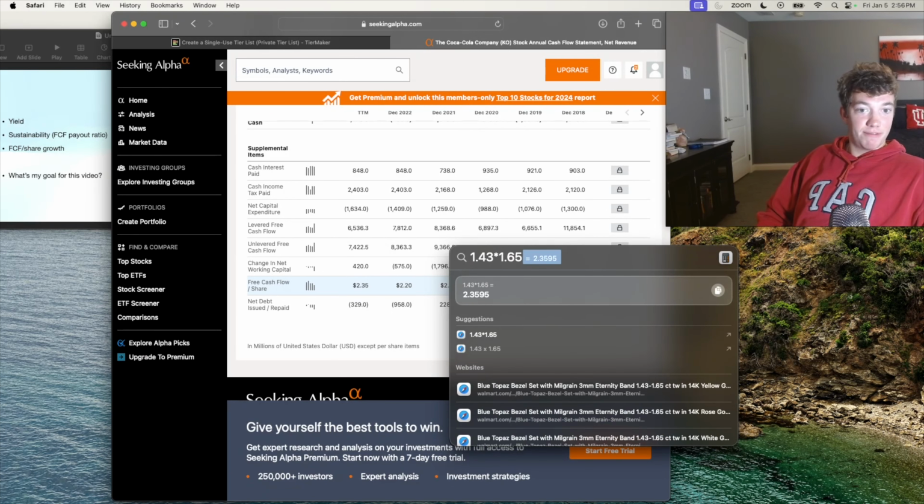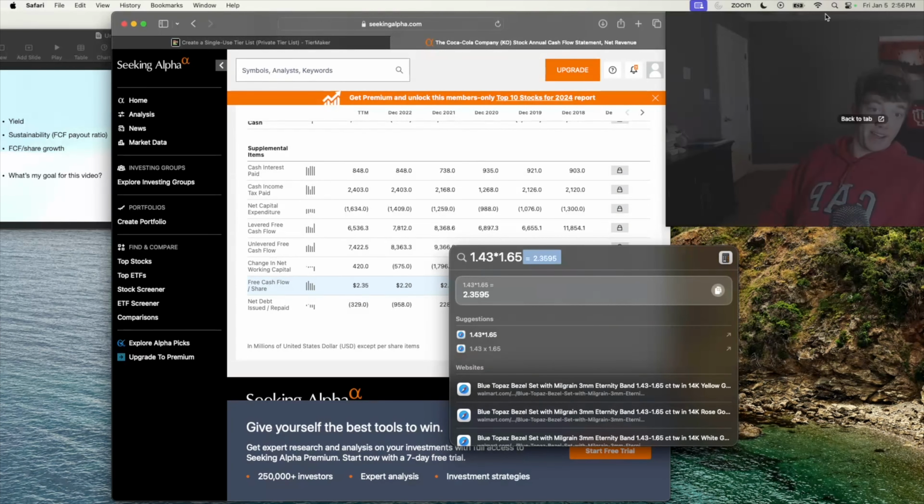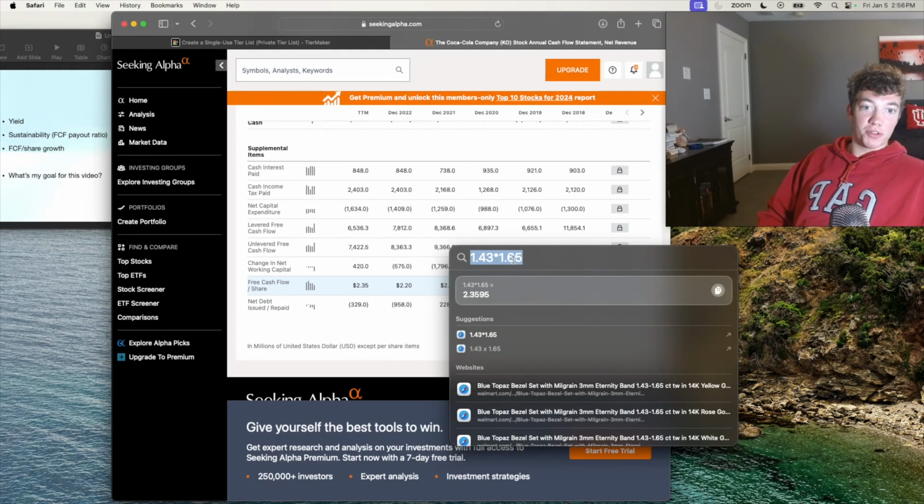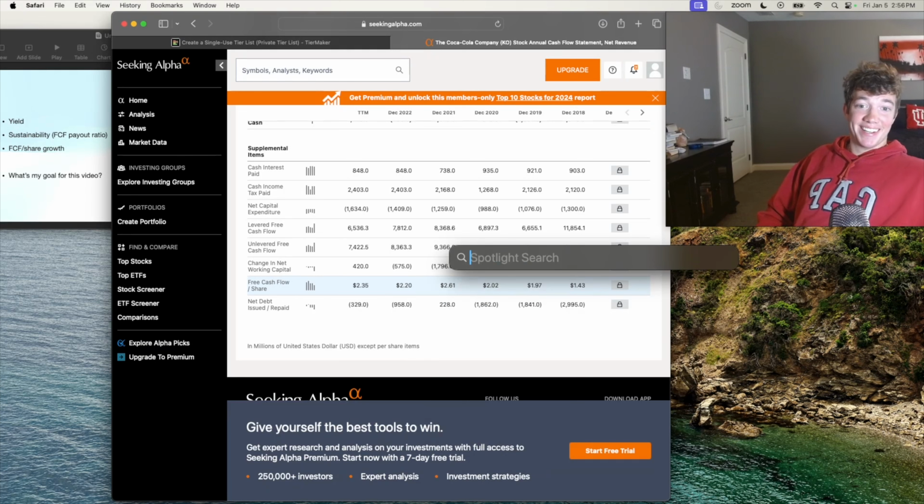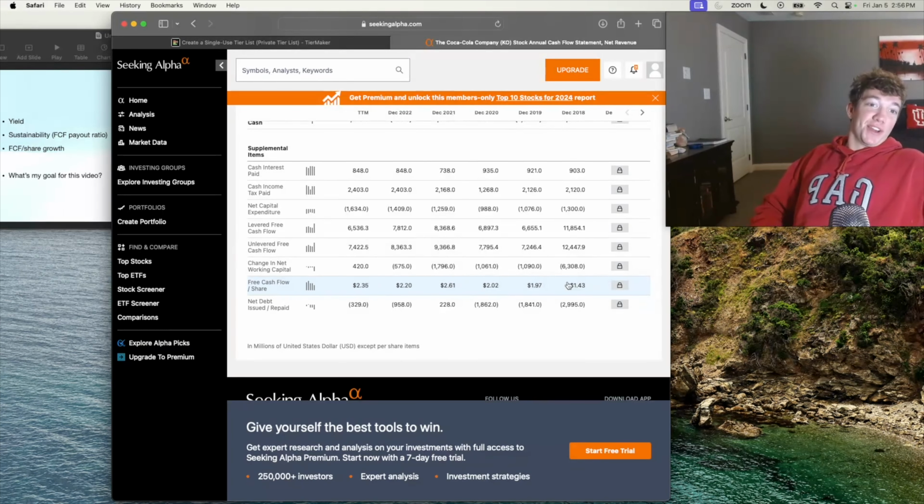Okay, it's a 65% increase, or 64.5. I guess my mental math isn't perfect, but we'll take a 64% increase in free cash flow per share in 5 years. And that is going to take into account total free cash flow as well as shares outstanding.